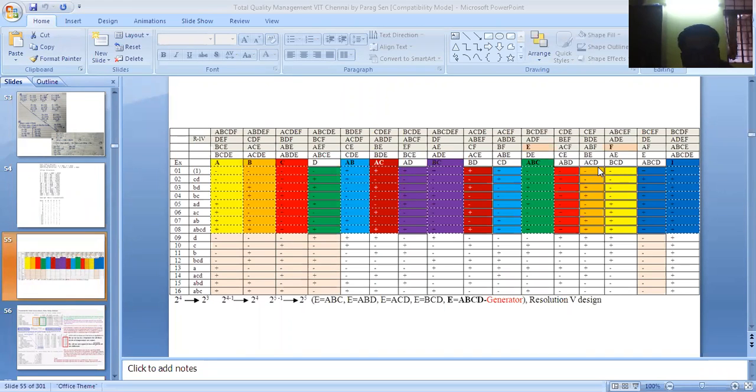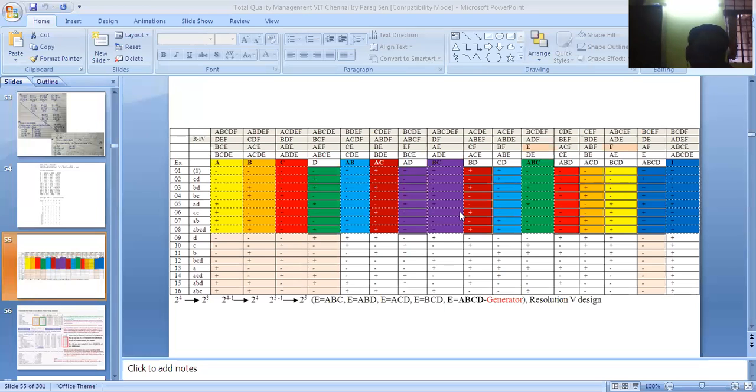So in this way, you can understand. So this is the confounding effect. Just like the earlier case, here also you can see that this confounding effect does exist.